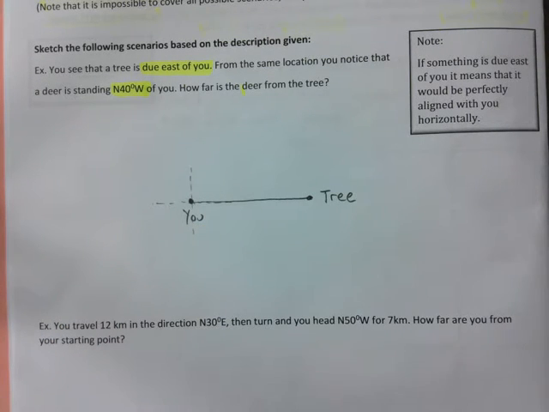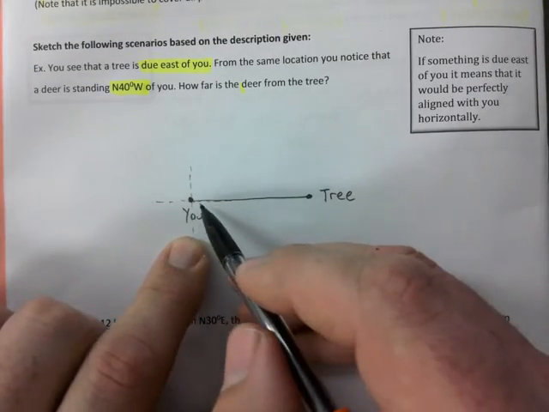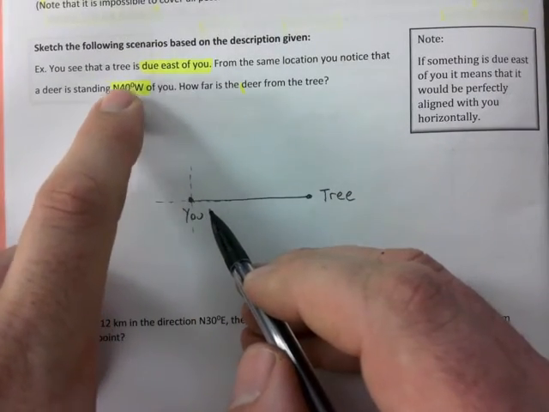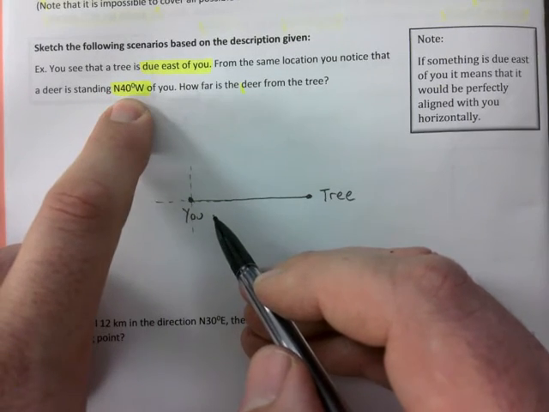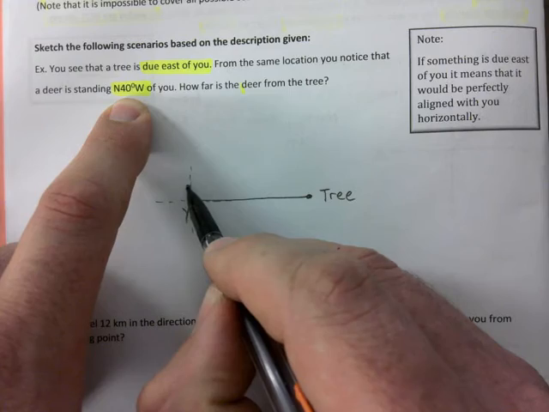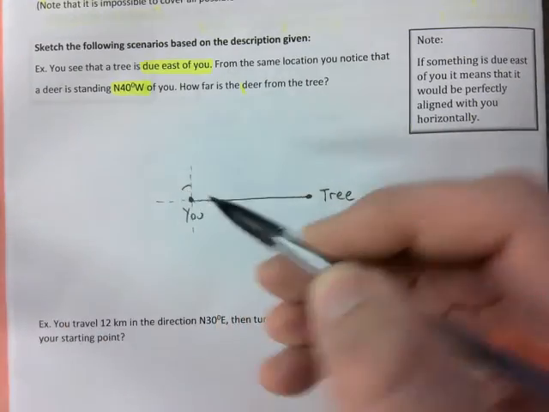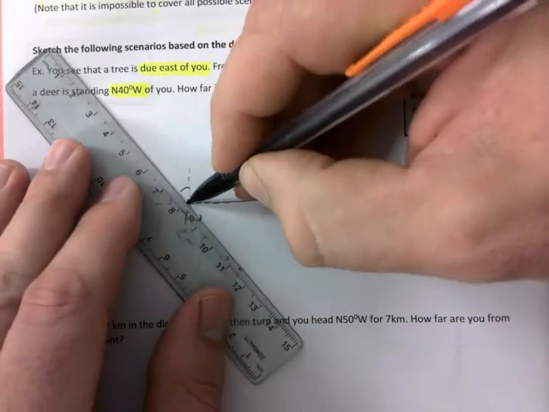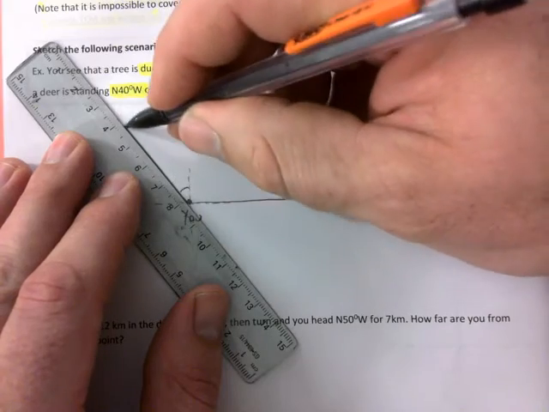If something is due north of you, you go straight north, right? You could look right north to it. If something is due south, it's underneath you, okay? And so the other one is there's a deer standing north 40 degrees west. So we got to start north, and then we turn 40 degrees west. And we're just going to go like this.